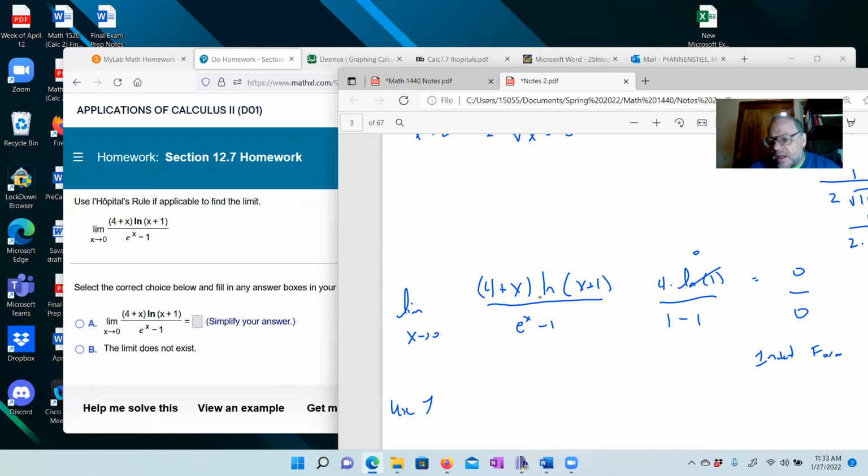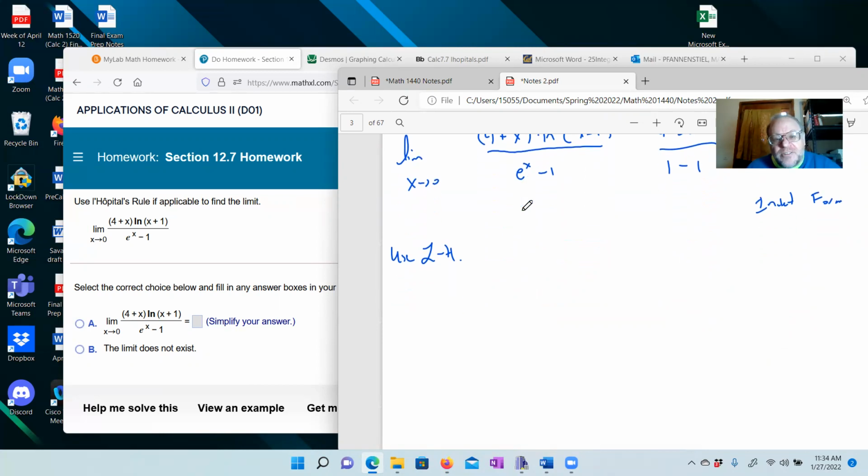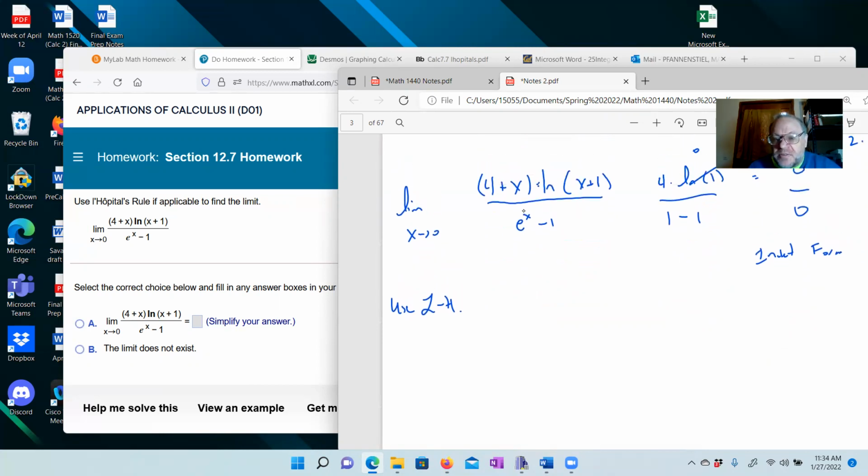So we apply L'Hopital's, okay? And then we have to take the derivative of the top and the bottom. So the top is going to be a little messy because what is this, right? 4 plus x times natural log of x plus 1. There's a times here. There's going to be a product rule. See, this gets a lot more fun, right? So the product rule, we need the derivative of the first.